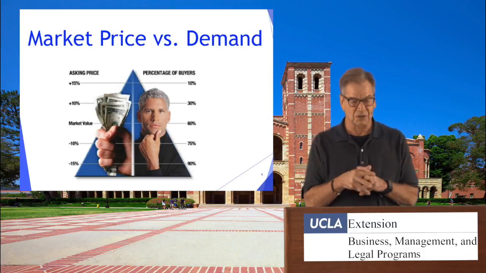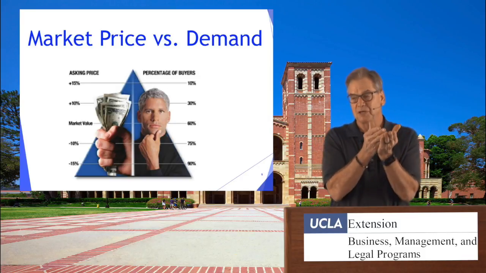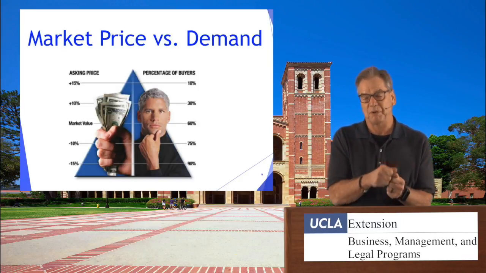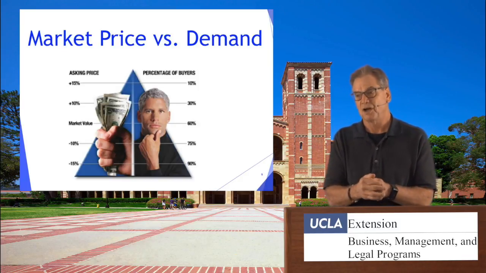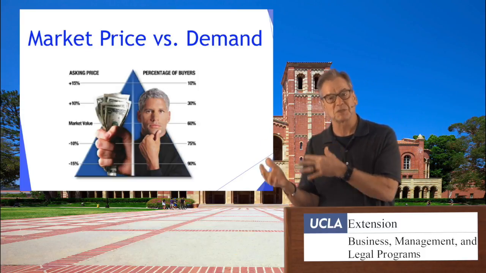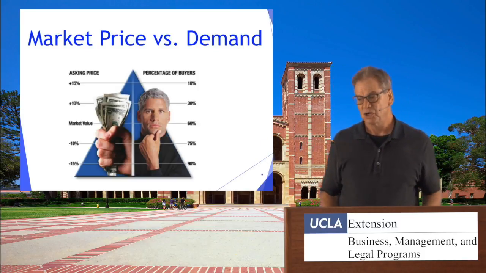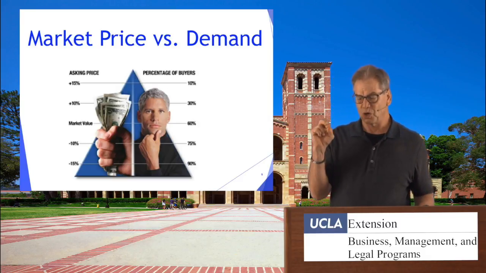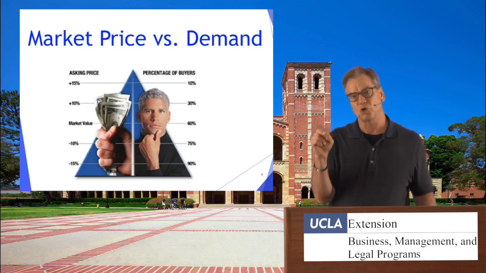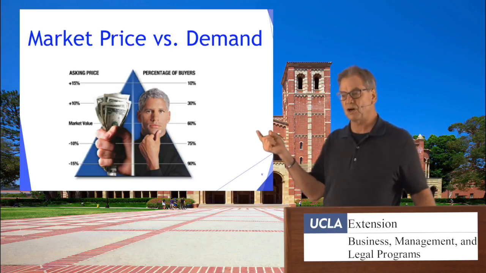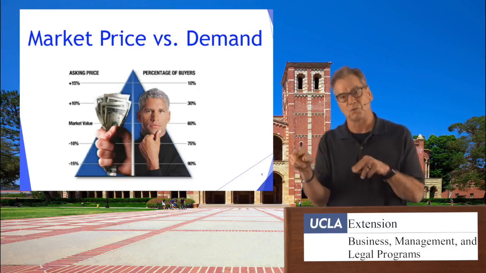There's a relationship, because as price goes up, it doesn't mean that you won't find somebody who will pay the price, but you might have a smaller target market that's in a position to pay that price. This is why when we develop our mission statement, we want to clearly establish who we're selling to, because that has a lot to do with their ability to afford the price point we're at.